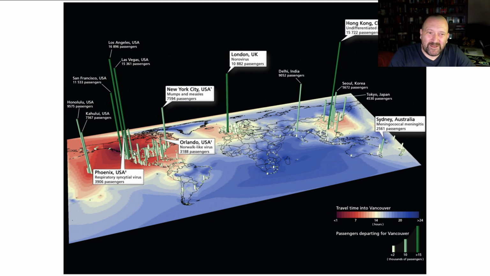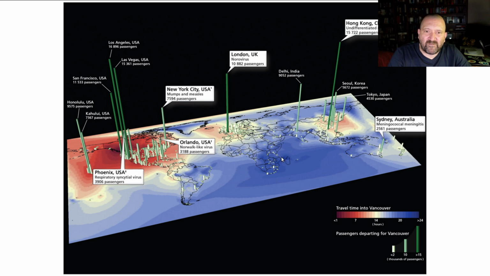But anyway, the idea was to see how far away from Vancouver were the different parts in the world. Look at just the base of the map, the color, and that shows you how long it takes to go from anywhere in the world to Vancouver, at the minimum travel time, of course. And you can see that there are very few places where the travel time is more than 24 hours.